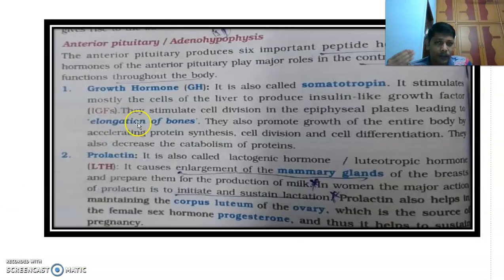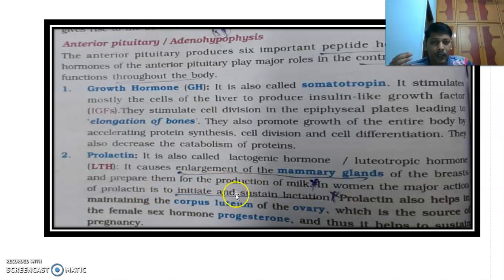Then we learned two of the hormones produced by the anterior pituitary, out of six. One is growth hormone, also called somatotrophin or somatotrophic hormone, STH. Another one is prolactin, or LTH, luteotrophic hormone or lactogenic hormone. It causes the enlargement of the mammary glands of the breast. Mammary glands are apocrine glands, and they prepare for the production of milk.